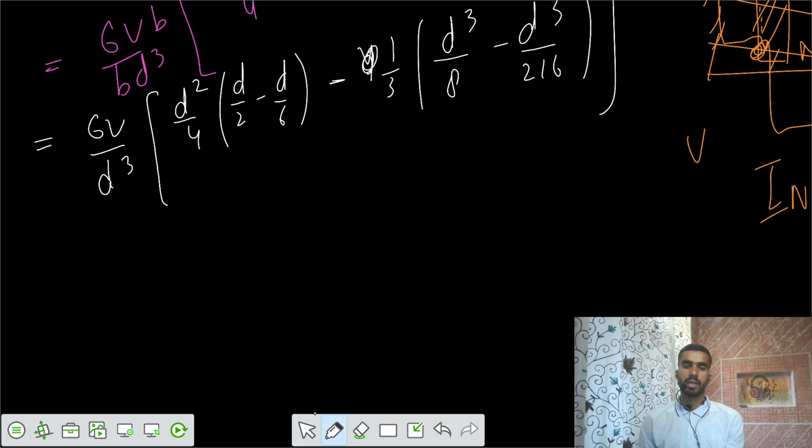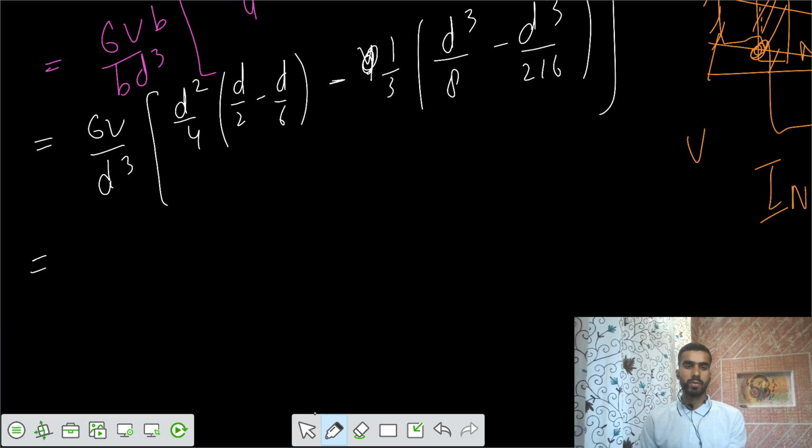Now you can solve that: 2 inverse minus 6 inverse into 4 inverse equals minus 3 inverse into the bracket of 8 inverse minus 216 inverse, that equals 7 by 162 into 6.